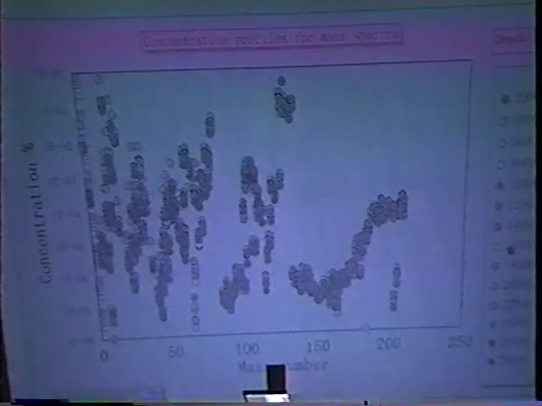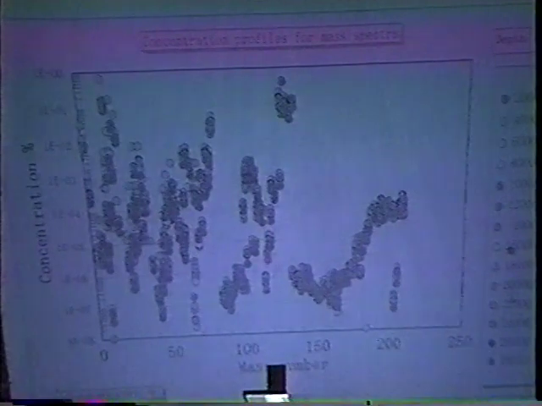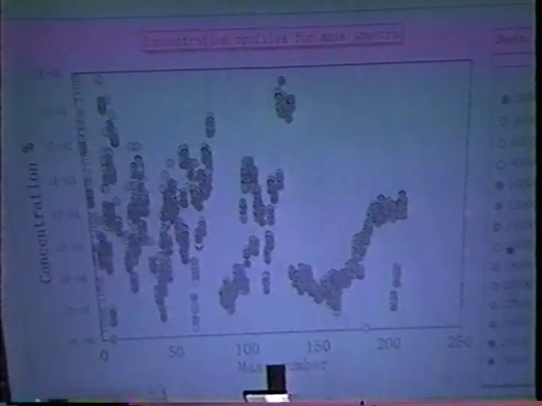These mass numbers range from 1 to 208, that means from hydrogen to lead.